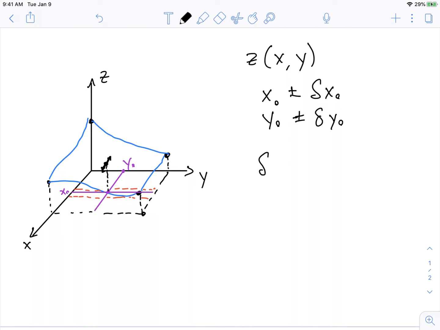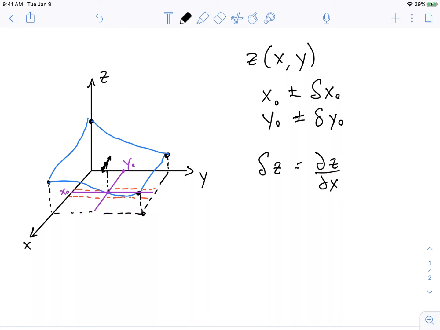So the way we do that is we say the uncertainty in z is equal to this special kind of derivative. The special kind of derivative is called the partial derivative. So I take the derivative of z with respect to x. And this symbol here is called del. It's just a fancy derivative. Treat it just like a normal derivative. You're just taking z with respect to x, and you're not worrying about what happens to y.